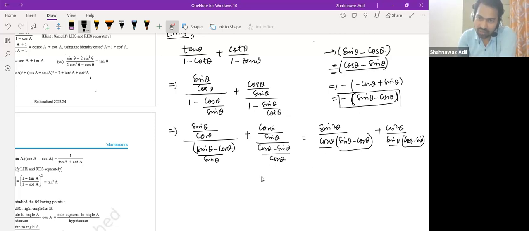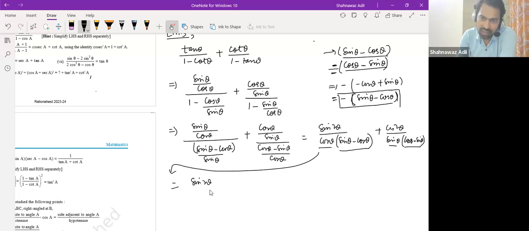Okay, so now let us write that here. We have sine squared theta. Is this clear? So I have taken the minus sign outside.